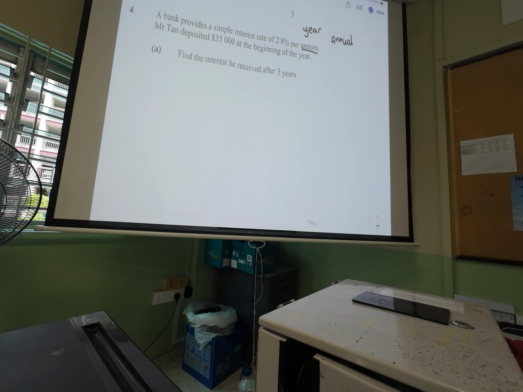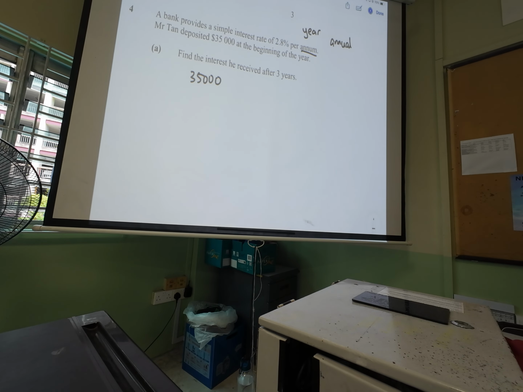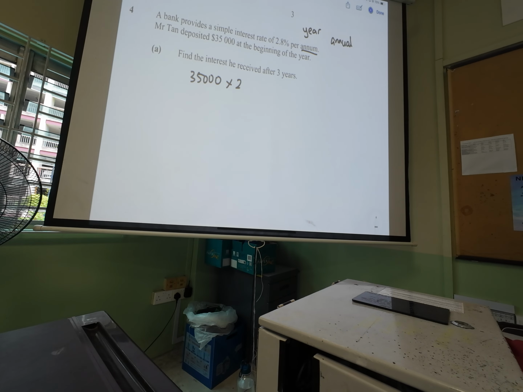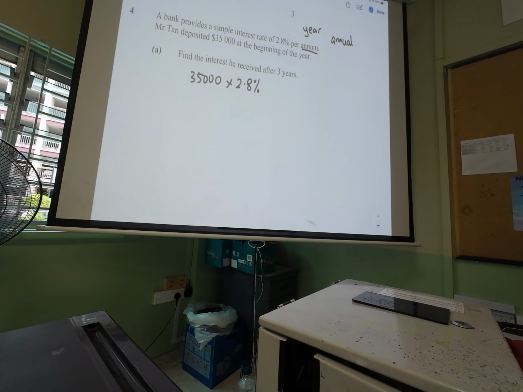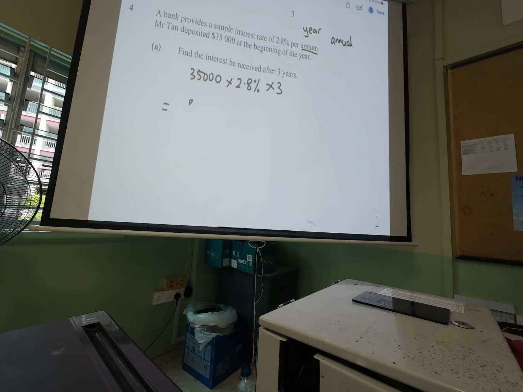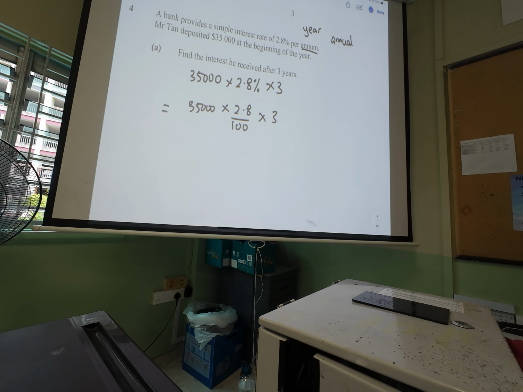So if I started with 35,000, find the interest after 3 years. So 1 year I start with 35,000. Every 1 year the interest is 2.8%. Okay? 1 year is like that. 3 years, multiply by 3. And 2.8% is when I change it to a number, the symbol becomes divide by 100.